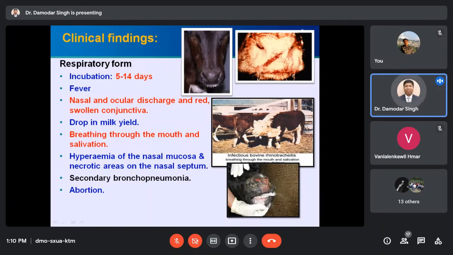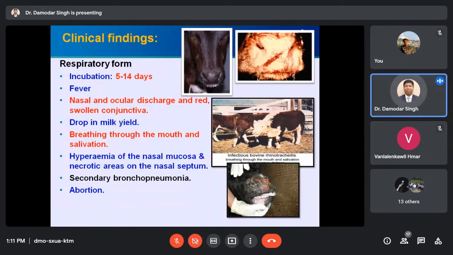And with that, salivation. Because of this salivation, sometimes it may be confused with vesicular diseases like FMD, what we have discussed earlier. That's why IBR is one of the points of differentiation, and the disease should be differentiated from those vesicular diseases, right?